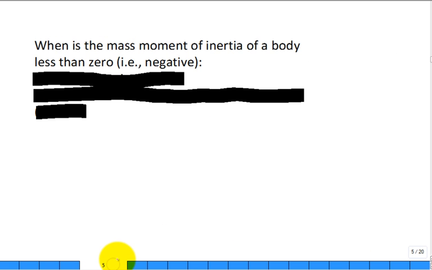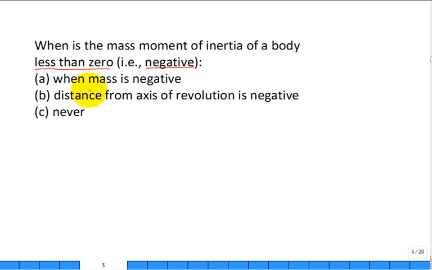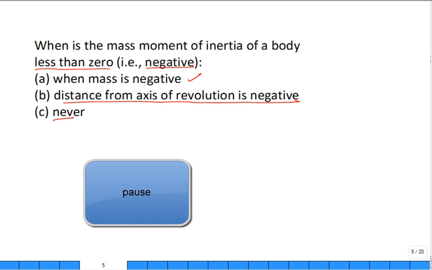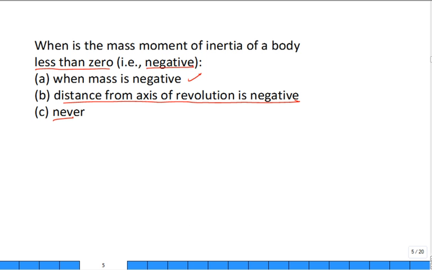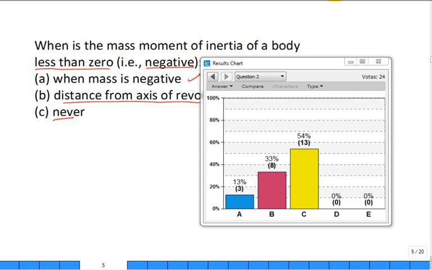All right. When is the mass moment of inertia of a body less than 0, i.e., when is it negative? When the mass is negative? When the distance from the axis of revolution is negative? Or never? All right, let's see where we're at on that. Okay, let's do this.